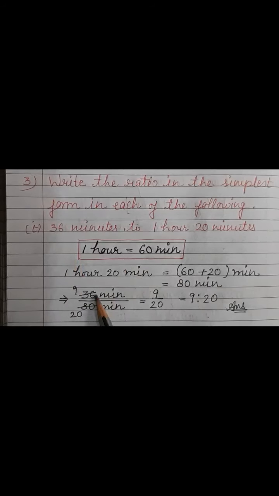Now write in the form of A upon B, 36 minutes upon 80 minutes, and then simplify. 9 upon 20 will come, and in ratio form it will be 9 is to 20.